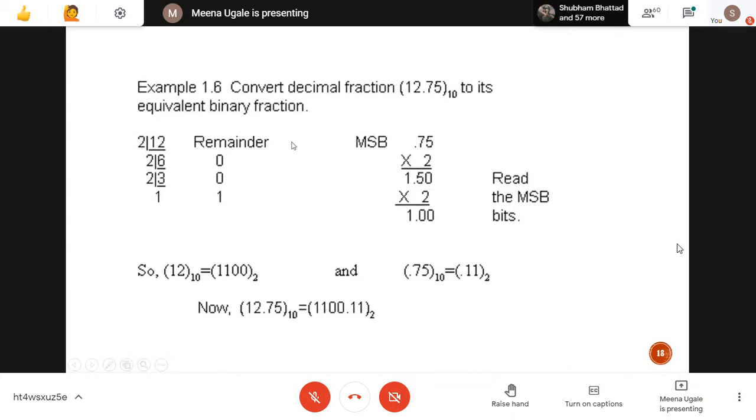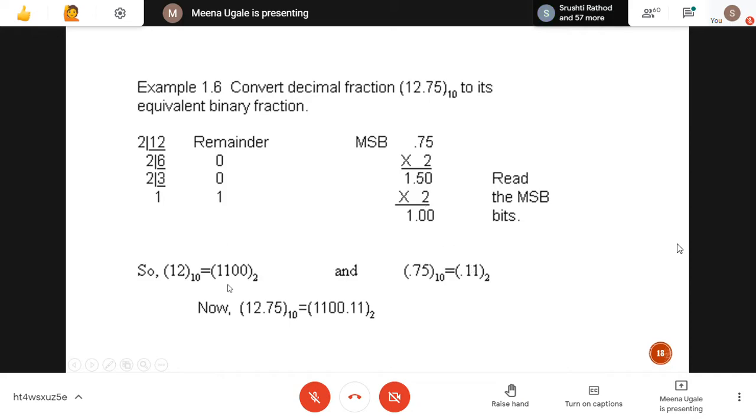For 12, we have seen the earlier example: divide by 2, note down the remainders, and then finally read out the numbers. So what I am getting here for 12 is 1100. And for 0.75, I will go for multiplying by 2, and then I get the final answer.